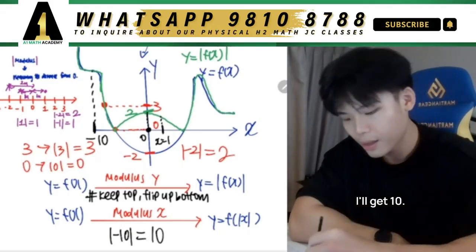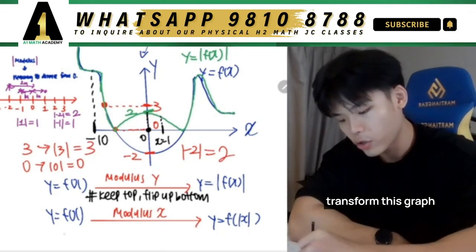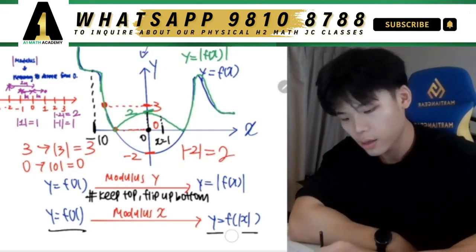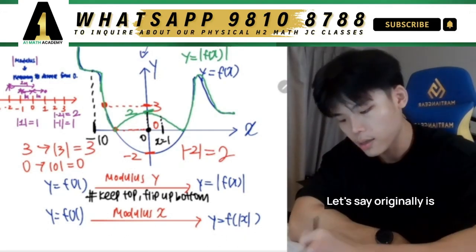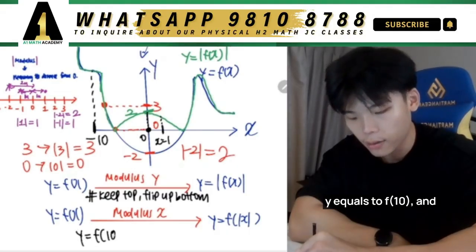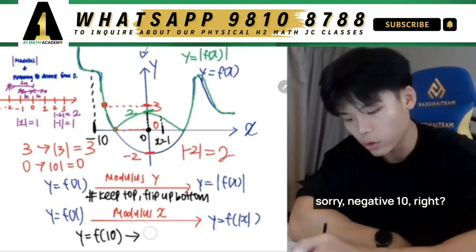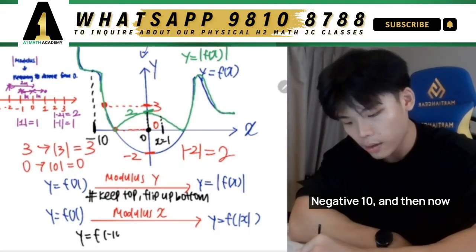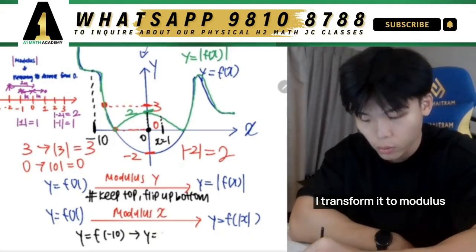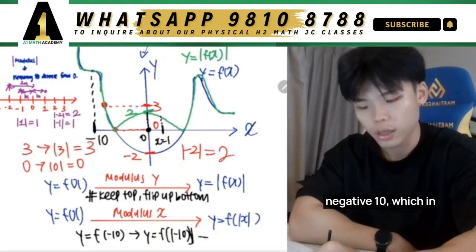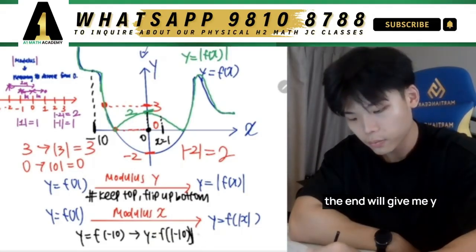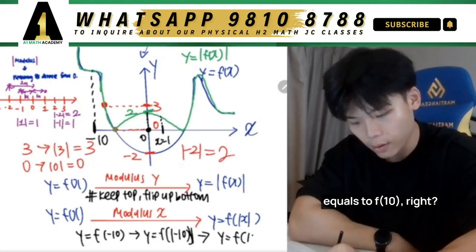So when I transform this graph to this graph over here, let's say originally it is y equals f(10) and now I transform it to -10, and then to modulus -10, which in the end will give me y equals f(10).